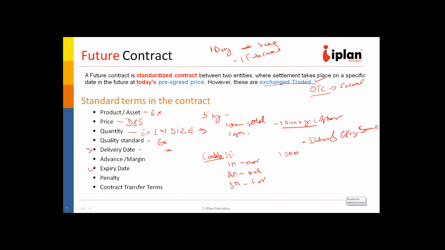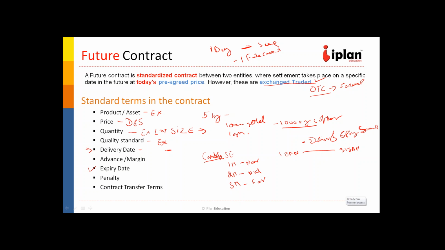Okay, so trading is only allowed by the exchange. So let's say on 1st January, exchange allows trading in 1 month contract, which will expire on, let's say, 31st January. Okay, so in commodity, they give you the starting date and the end date of the contract.